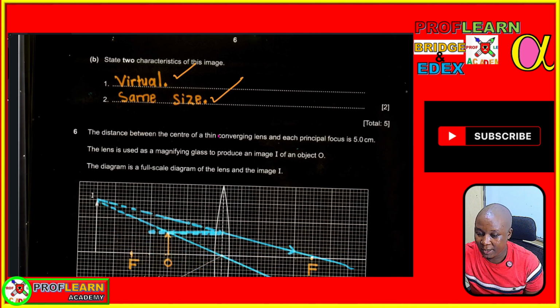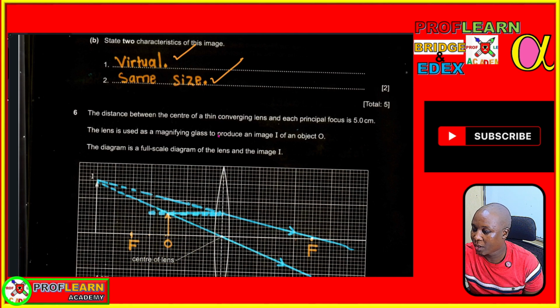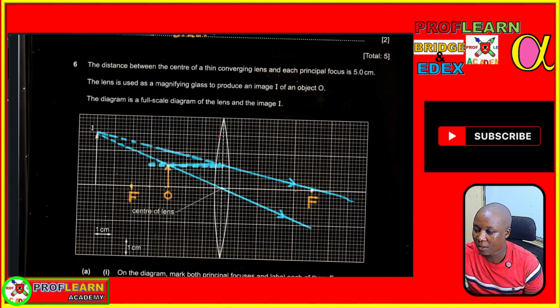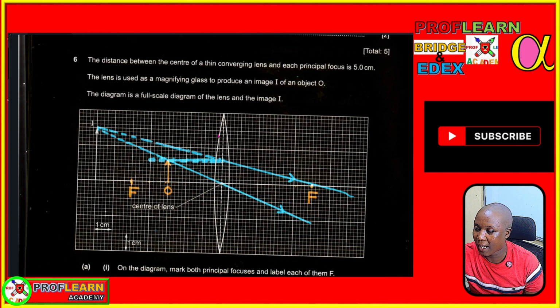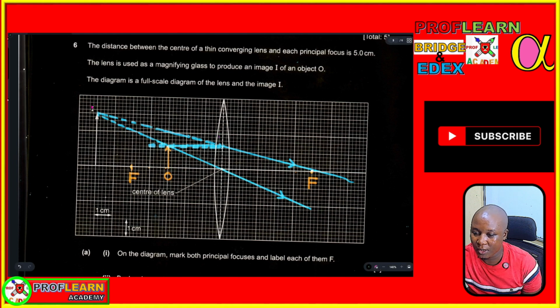Question number 6: we are told that the distance between the center of a converging lens and each principal focus is 5 centimeters. The lens is used as a magnifying glass to produce an image I. So we have the image I at this given point. If the principal focus is 5 centimeters, meaning 1 centimeter square, we can count 5 of them so that we can locate where the principal focus is.